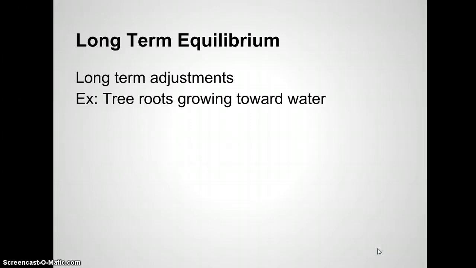It doesn't fix the problem permanently if there's some type of a water shortage or something like that. Neither one of these equilibriums fixes it permanently. But long-term equilibrium would hopefully maintain homeostasis for a longer span of time.